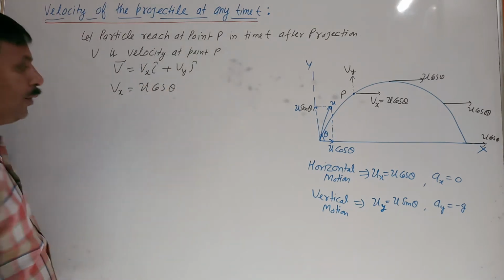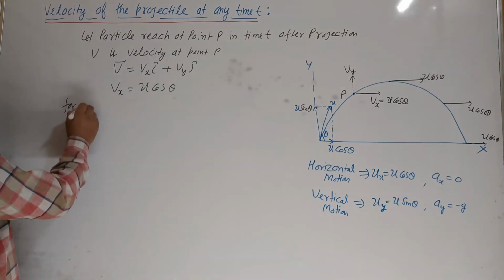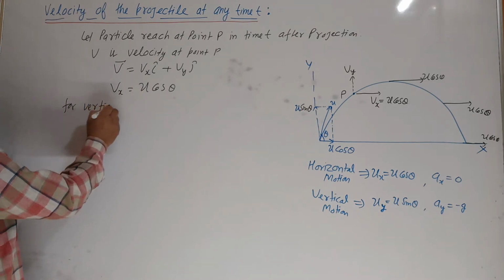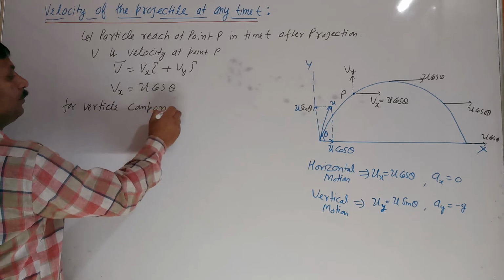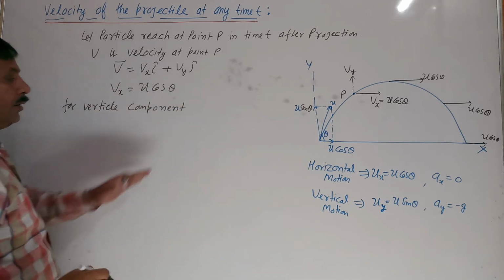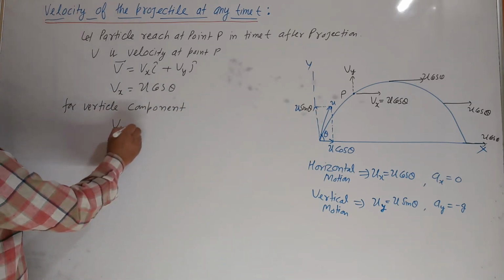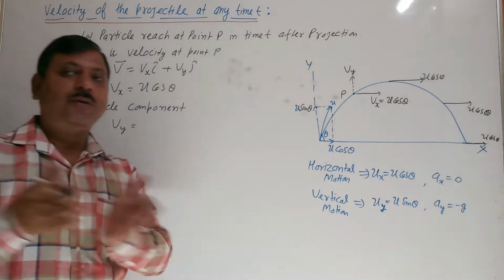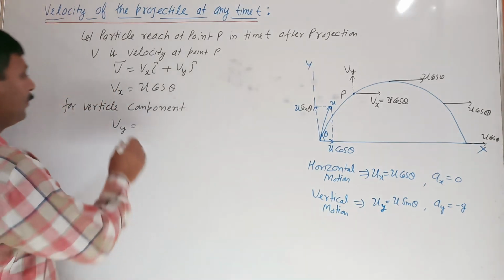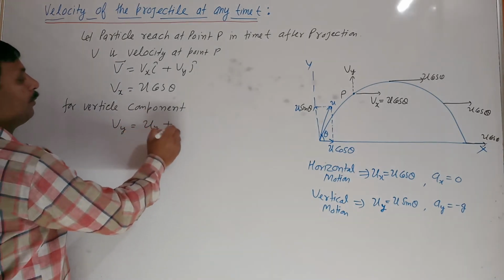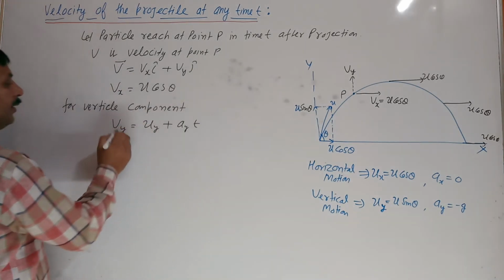For the vertical component, use the first equation of motion, v is equal to u plus at. So Vy is equal to uy plus ay t.